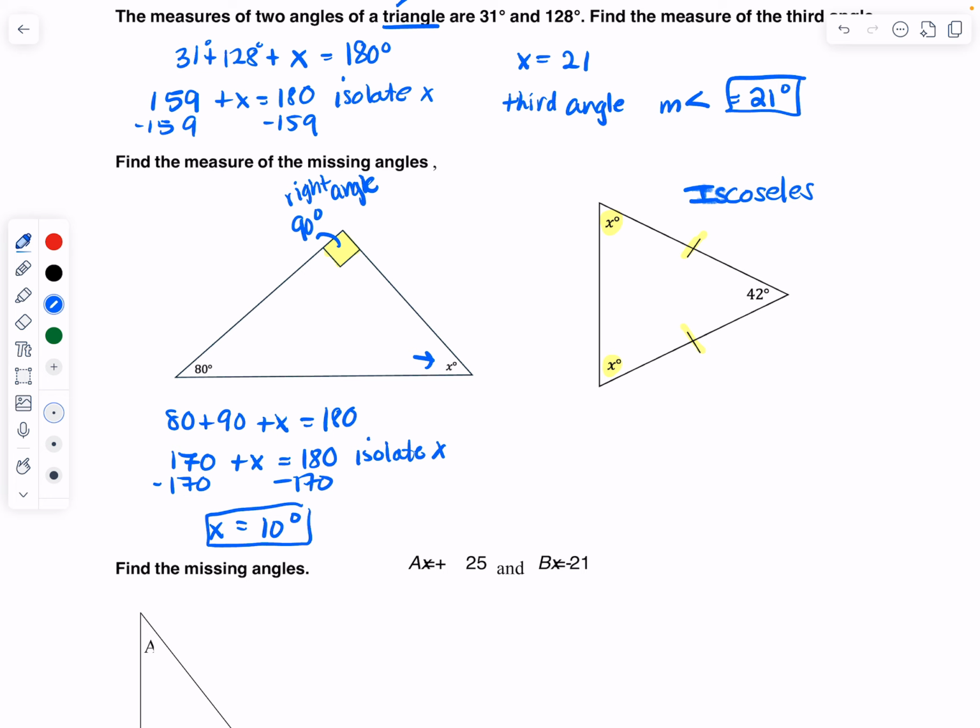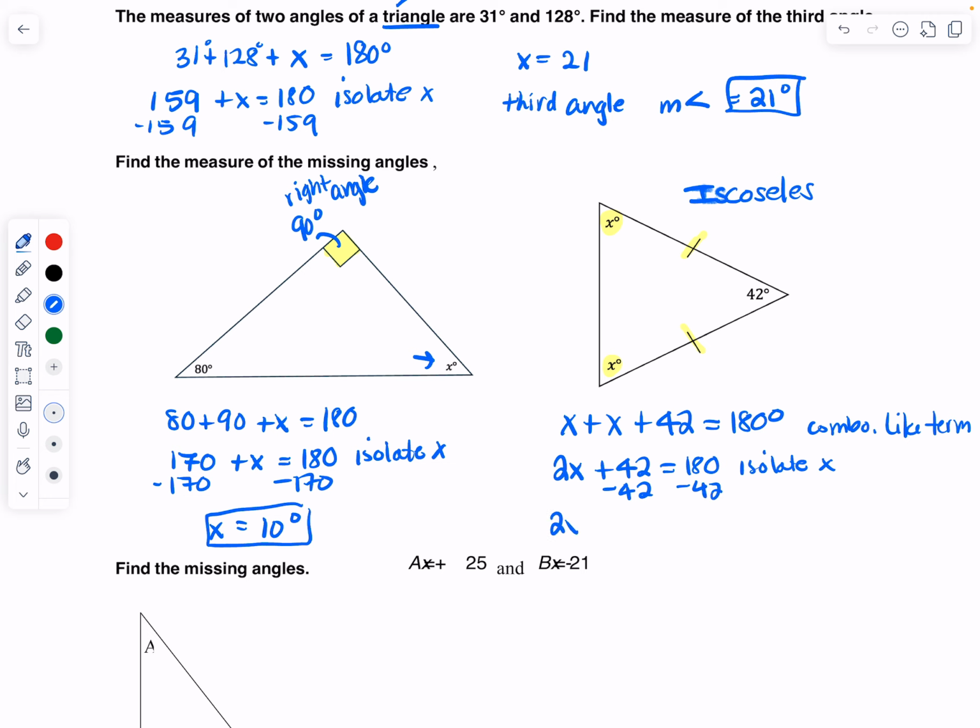So I'm going to add x plus x plus 42, and that has to sum to 180 degrees. Now I have to combine like terms, because x plus x equals 2x. So I have 2x plus 42 equals 180. Now I'm working on isolating x. I'm going to subtract 42 off of both sides.